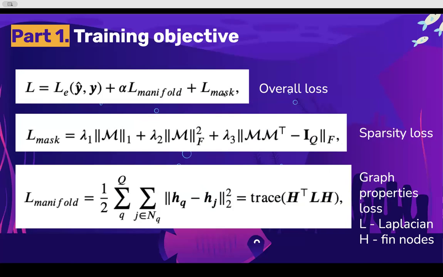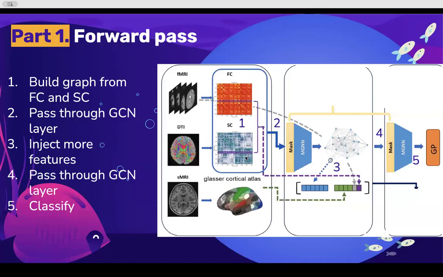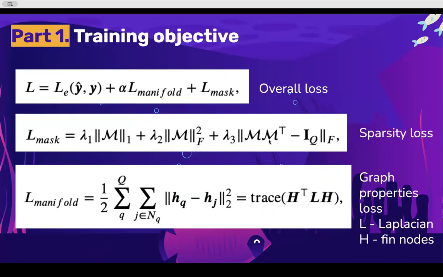They also have a sparsity objective for their sparsity mask. They're trying to make this mask as sparse as possible, and they're using three different ways of sparsifying. This is absolute, this is squared error, it's like sum of squares. And this is, I'm not really sure what this is on the data matrix. So this is also a sparsity check.